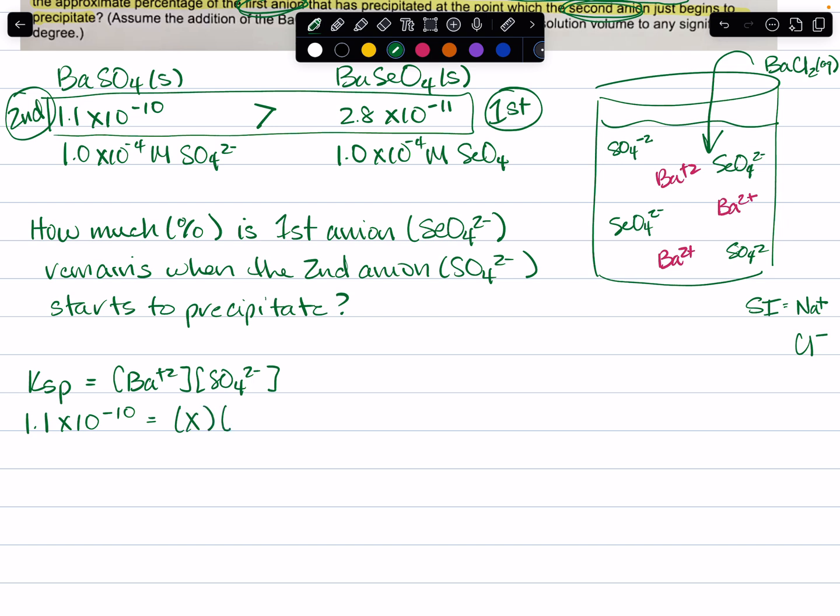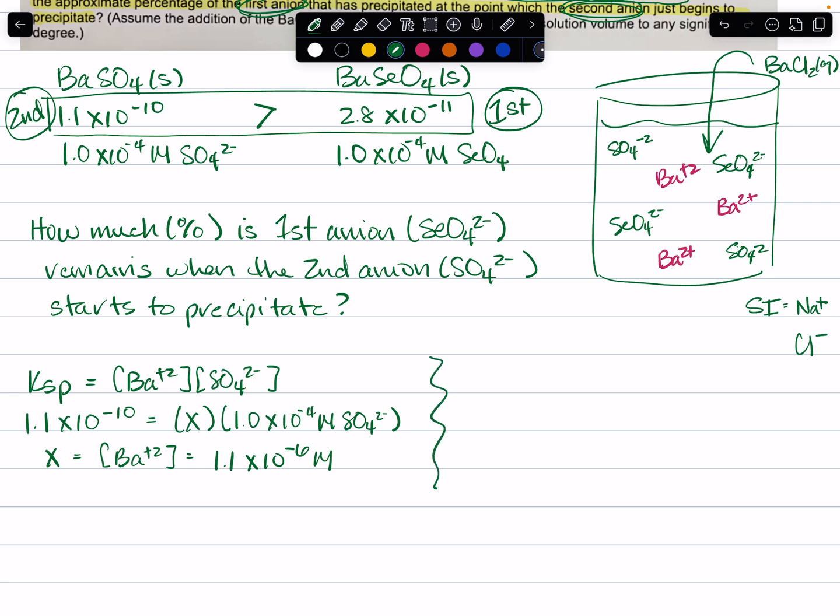We already said we have 1.0 times 10 to the negative 4th molar of that sulfate anion, so we can solve for the concentration of barium. We find that we're going to need 1.1 times 10 to the negative 6th molar barium ions for precipitation of barium sulfate to start.